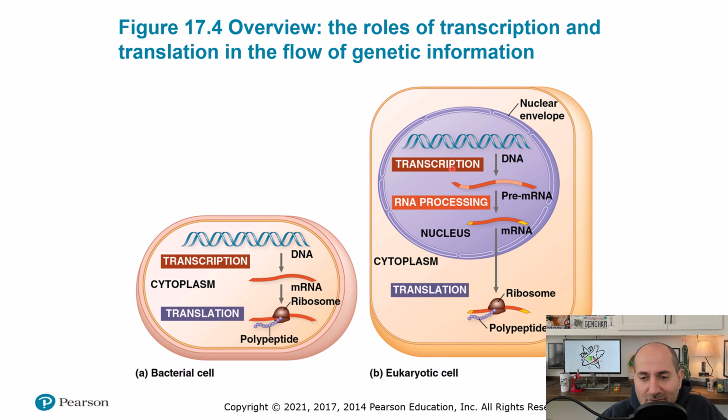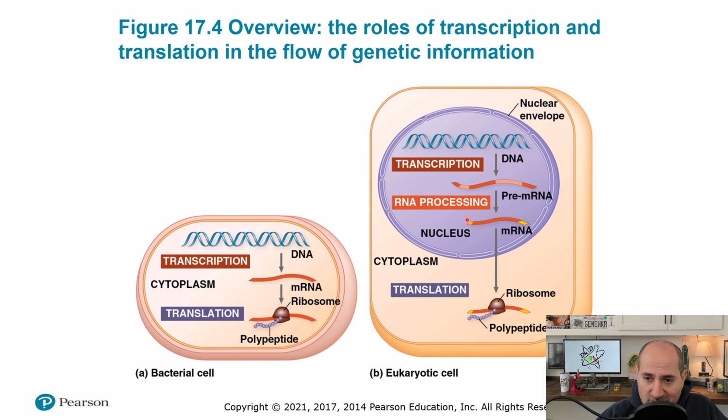But look at this on the right. In a eukaryote, we're more complicated. Okay, we need to do transcription. We need to make a copy of the gene as mRNA, but then we need to process that RNA into mature mRNA. And by the way, there are 3 modifications, and we're going to learn all this stuff soon, but there are 3 modifications we need to do to the pre-mRNA to make it mature RNA.